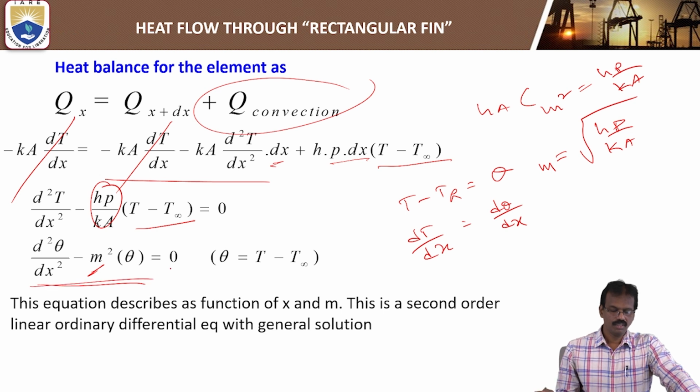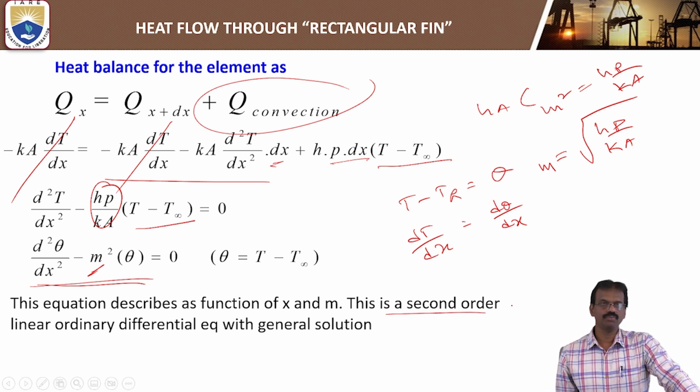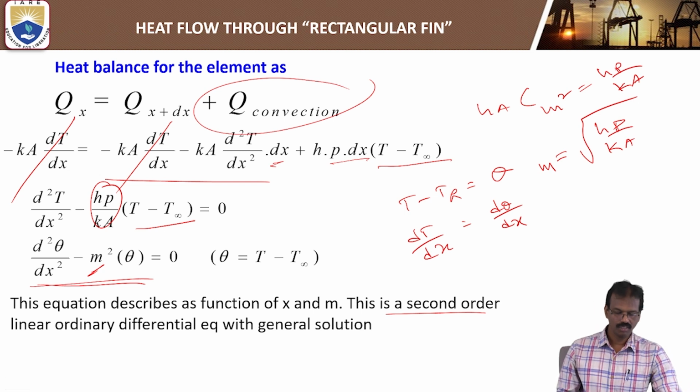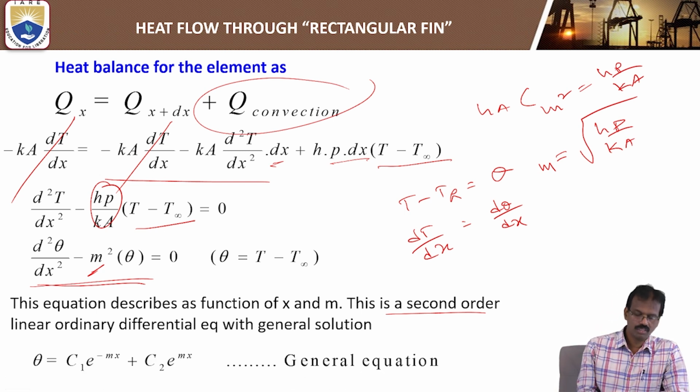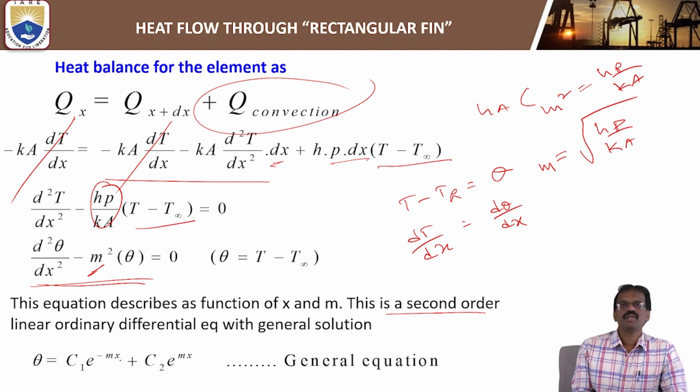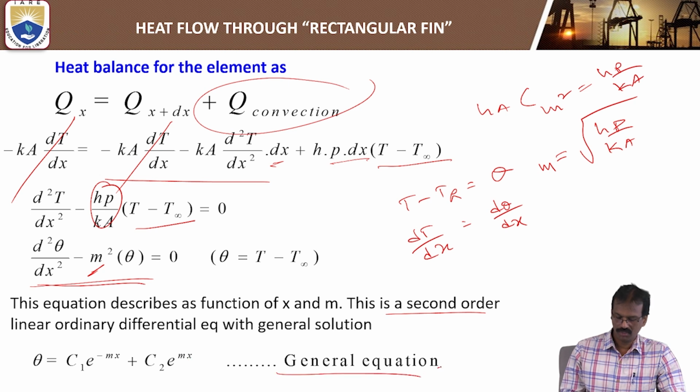This is a second order linear equation. If you integrate this, we get the general equation: theta is equal to c1 into e to the power of minus mx plus c2 into e to the power of mx. This is the general equation.